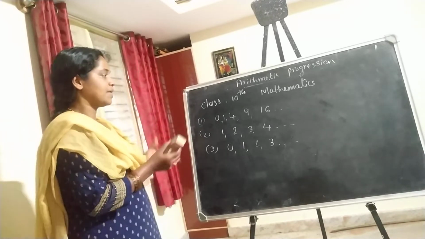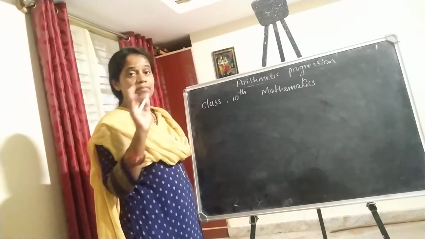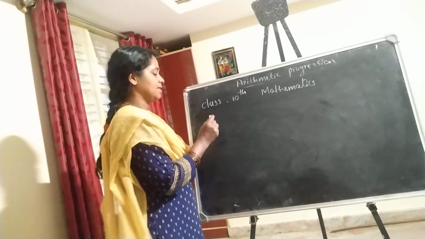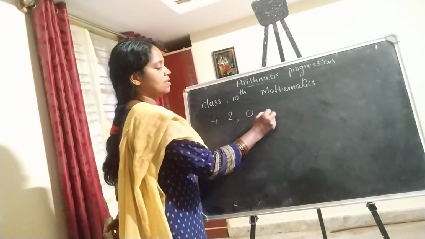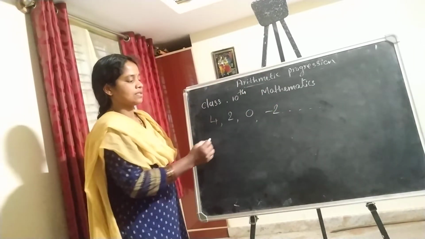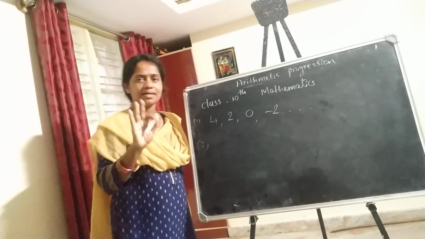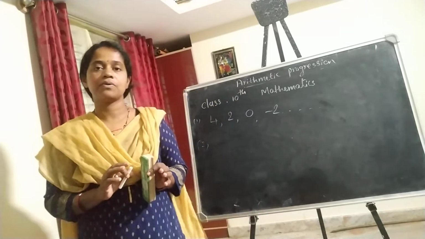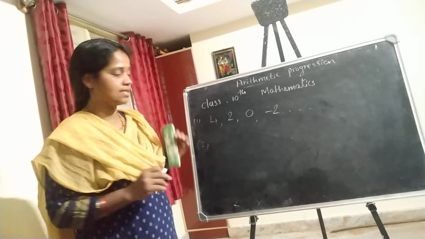Here I will take some examples. Randomly I select the first example: 4, next 2, 0, next -2, and onwards. Next, example number 2. If you understand a few more examples of arithmetic progression, the next concept becomes very easy.